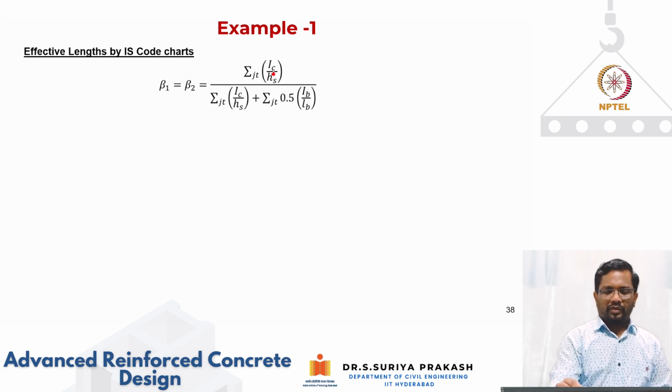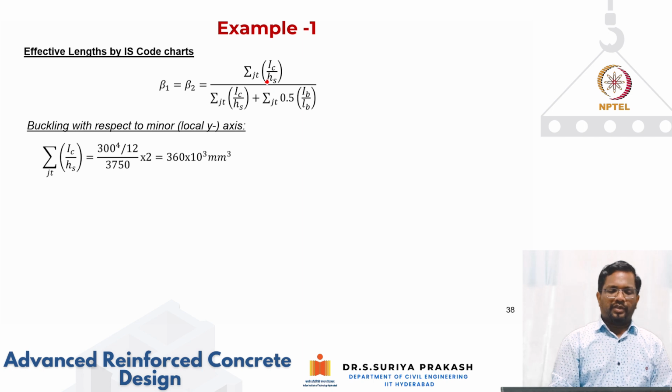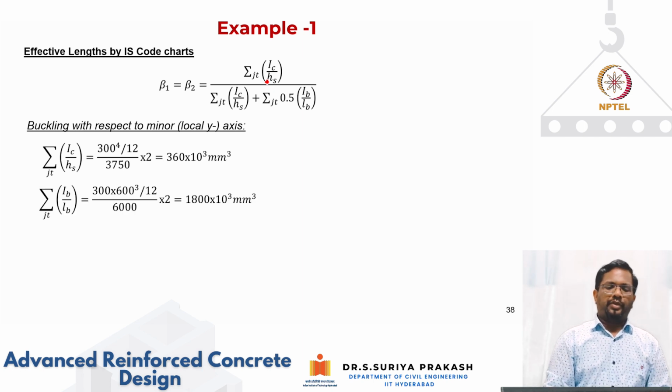Again, how do we calculate beta 1 and beta 2 at the top? It is the summation of IC by HS of members connecting at the top joint. Now we have the same system at the top and bottom. So again, beta 1 and beta 2 will be the same values. So you find that IC by HS is this, and IB by LB is this.